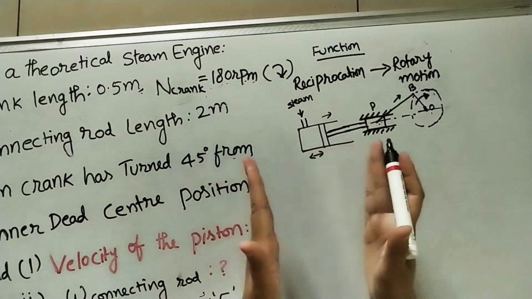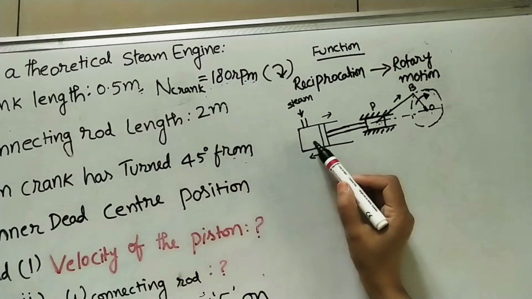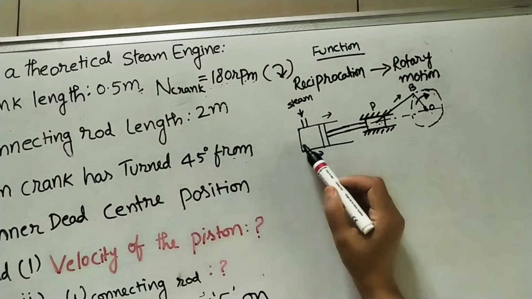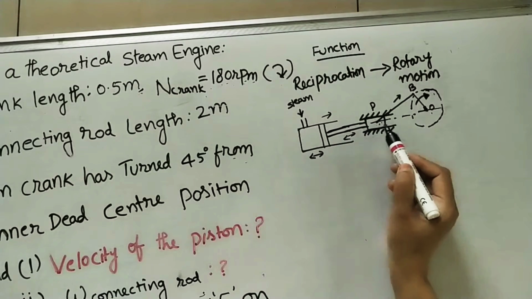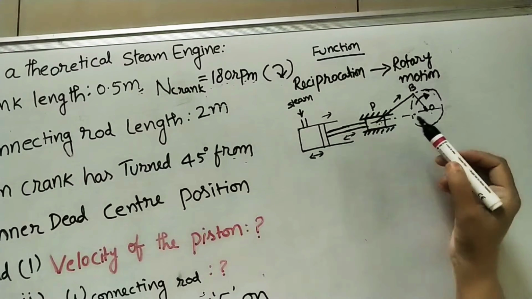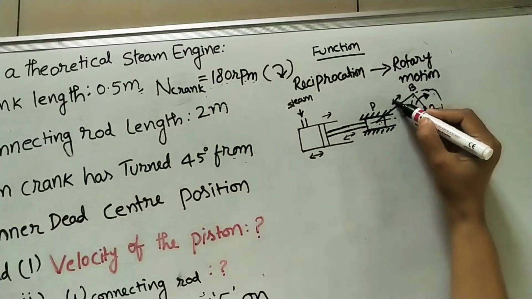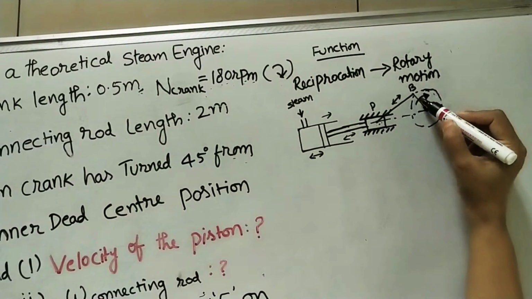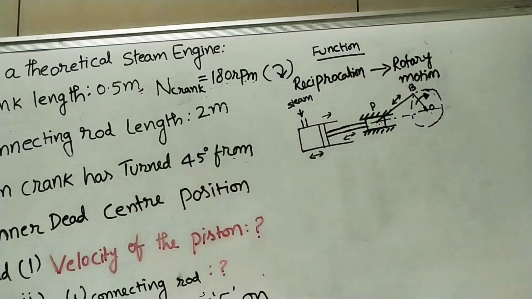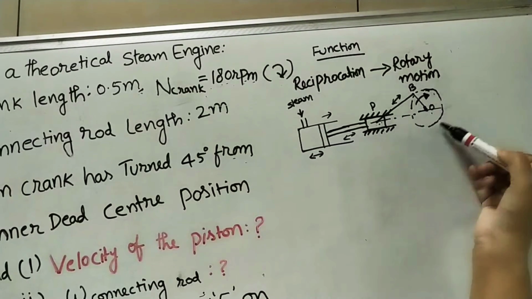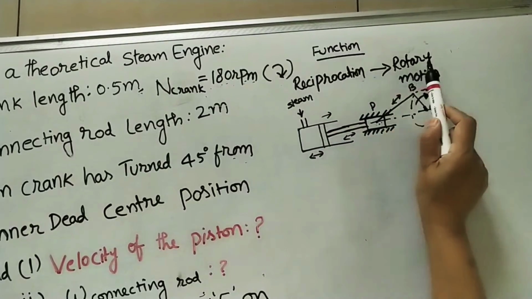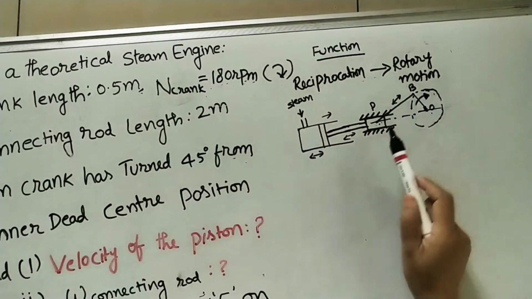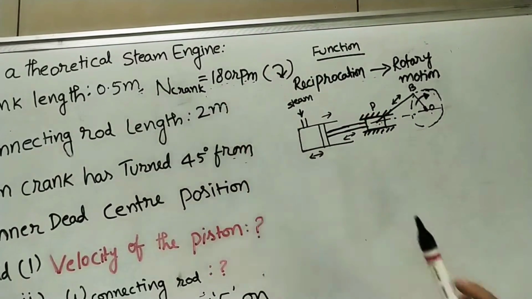Because of the reciprocating motion of the piston, the piston rod is reciprocating, and because of it the slider is moving horizontally and the connecting rod is oscillating up and down. Because of it the crank is rotating either clockwise or anti-clockwise. So the reciprocating motion of the piston is converted into rotary motion of the crank. This is the main function of the steam engine.